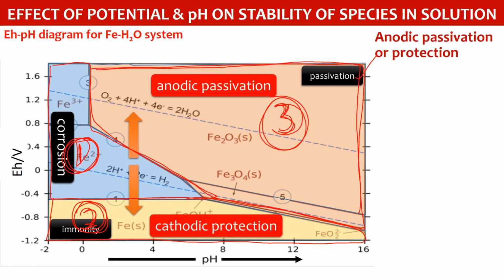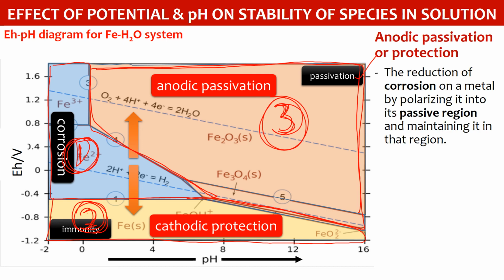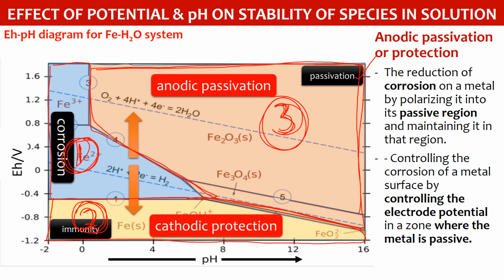Anodic passivation or protection is the reduction of corrosion of a metal by polarizing it into its passive region and maintaining it in that region. So you can control the corrosion of a metal by controlling the electrode potential in a zone where the metal is passive. This is the anodic passivation region here.